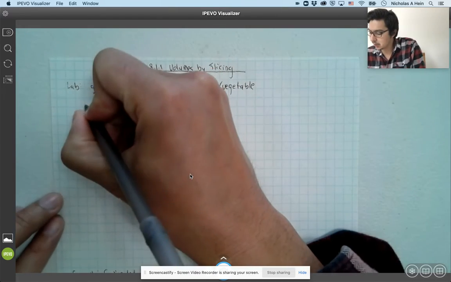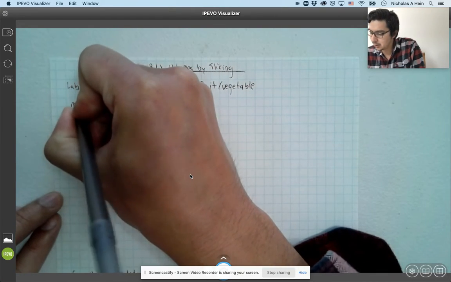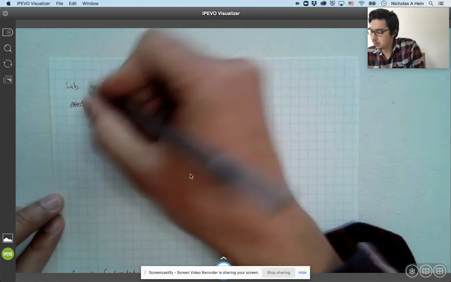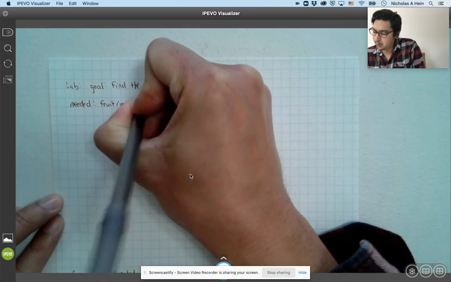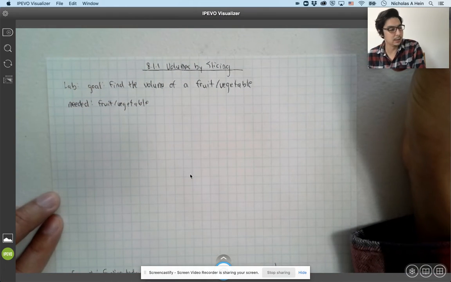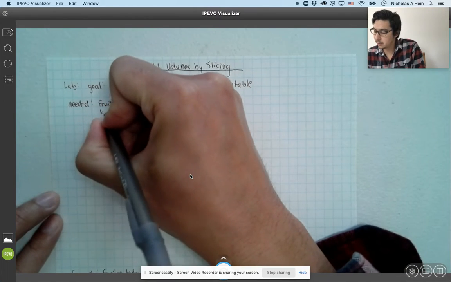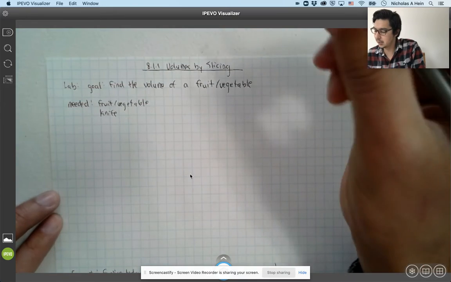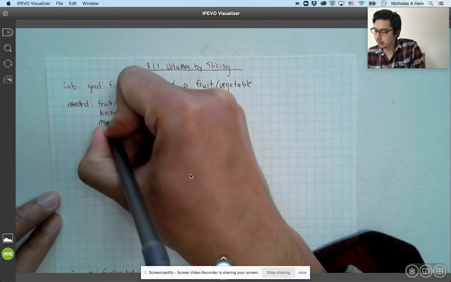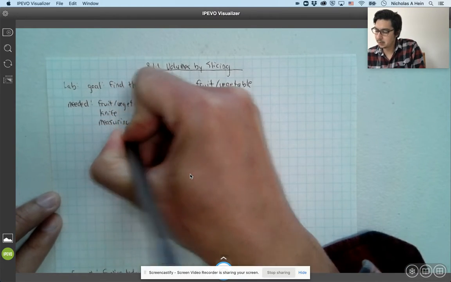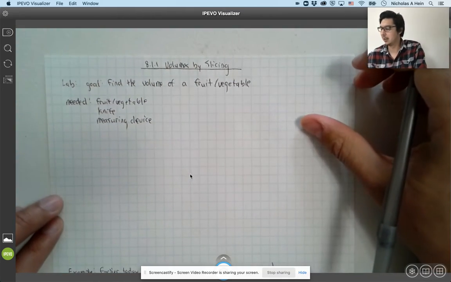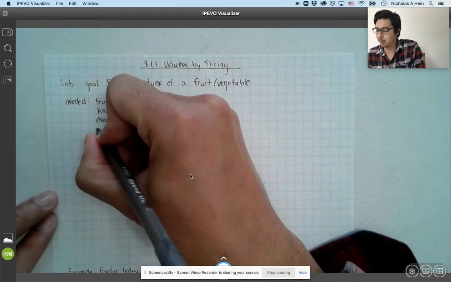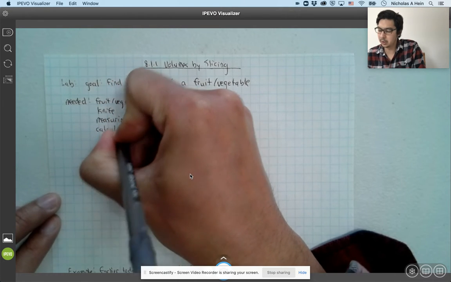Now, what you'll need to do this lab, the materials needed, is you will need, of course, a fruit or vegetable. You will need a knife, of course, to cut it, which I'll show you in a second. And then you'll need some sort of measuring device, a ruler, measuring tape, something that will help there. And then a calculator will probably help too to calculate it.